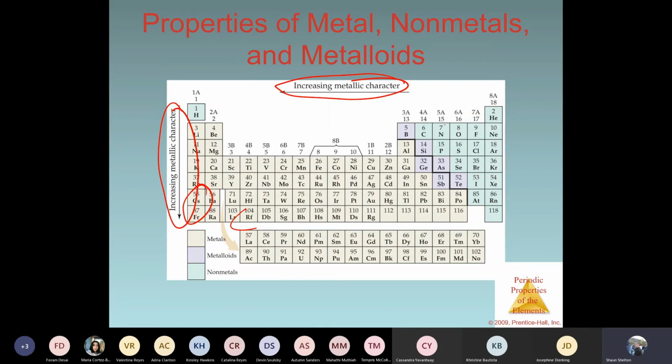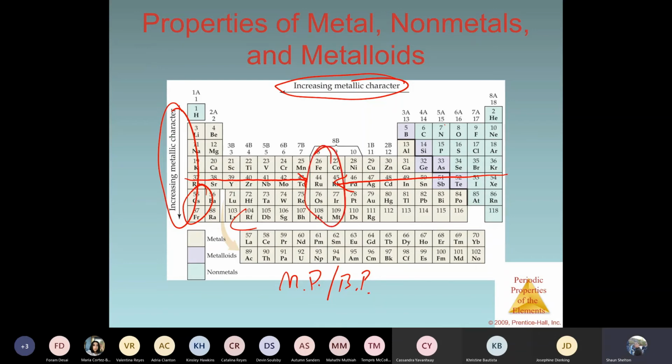Now, the next pattern I want us to talk about is melting points and boiling points. They go together. As you go in towards the center here, I'm going to draw two arrows. As you go in towards the center, you're increasing in the melting point and the boiling point.